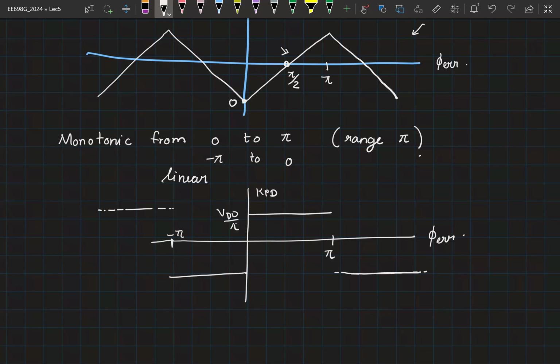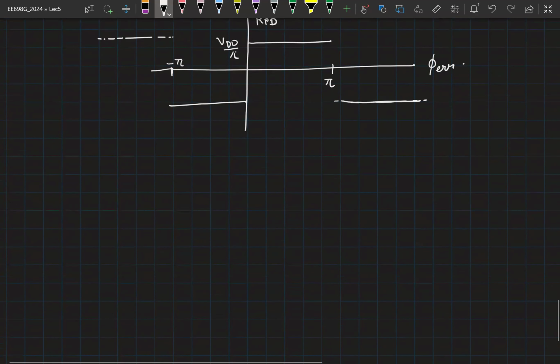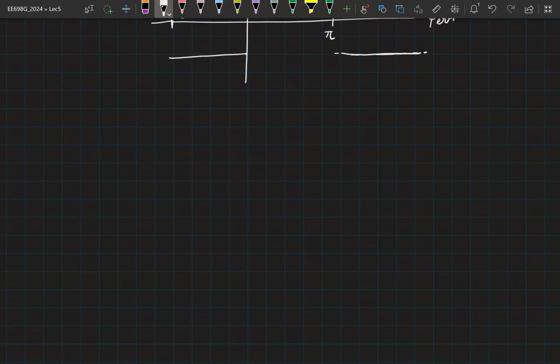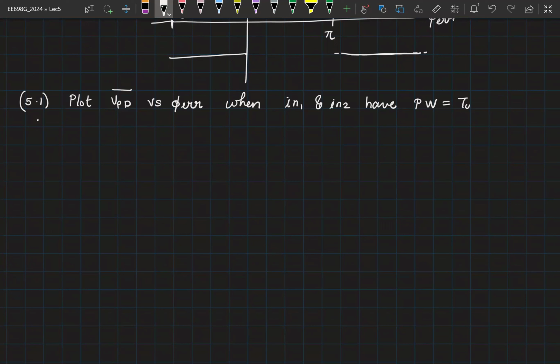Okay, so let me give you a few questions to try out as homework. Plot VPD average versus phi error when in1 and in2 have pulse width equal to T0 by 4 for the XOR-based PD.